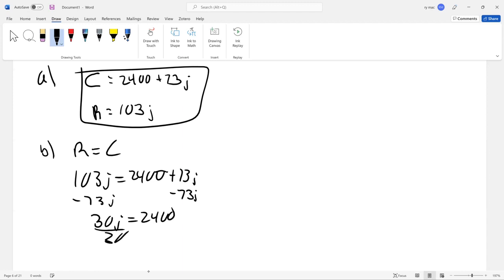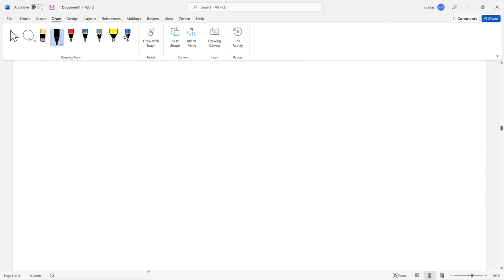Divided by 30, J equals 80. So to write it out, you need to sell 80 jackets.